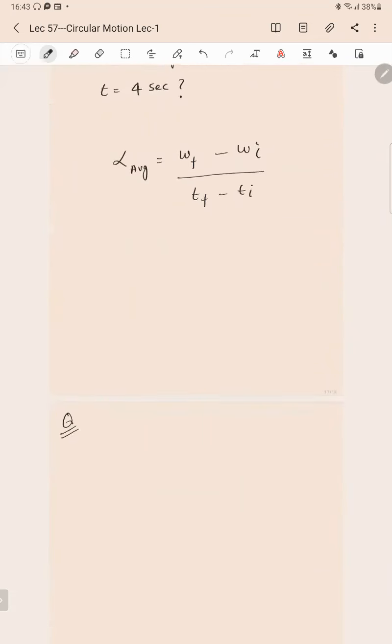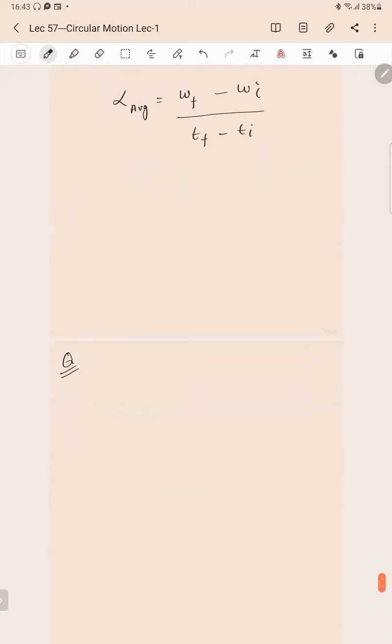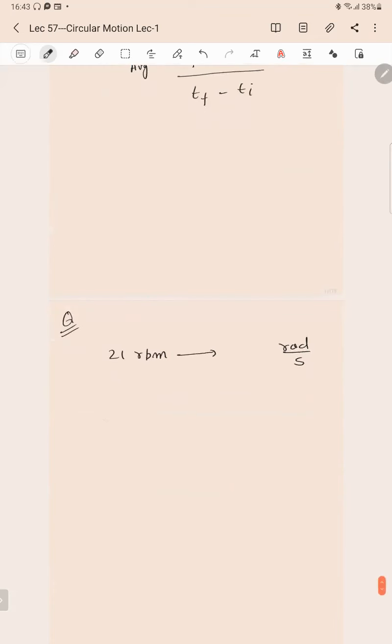Okay. Sir. Now do these conversions for me. These conversions are really very important. If I've got 21 RPM, I want to convert it into radian per second. Let's say I have 60 degree per minute. I want the answer in radian per second.